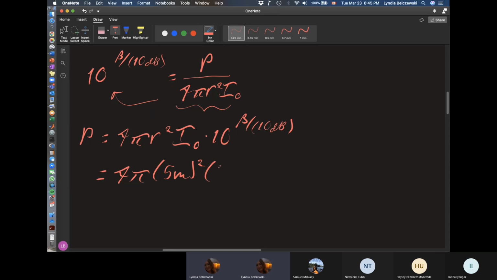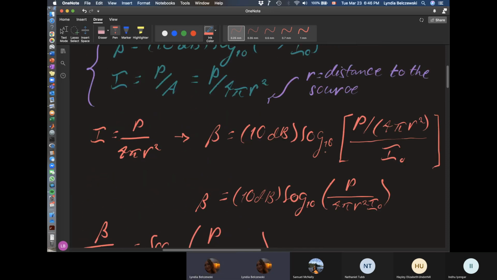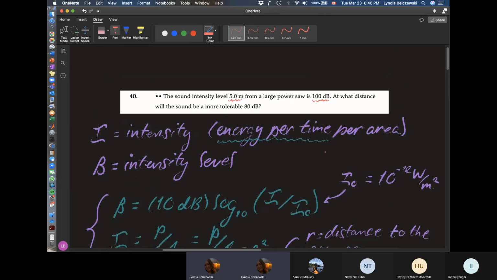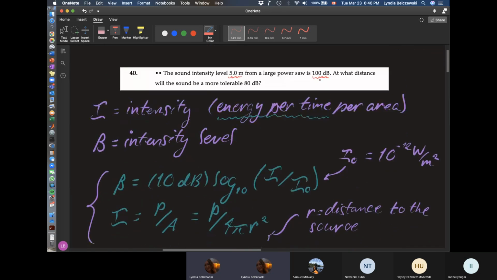I naught is that constant 10 to the minus 12 watts per meter squared. The watts being the units of power, so the units will work out here. Times 10. And it said the value of beta in the question, it says that the sound intensity is 100 decibels, so we'll just plug in 100.